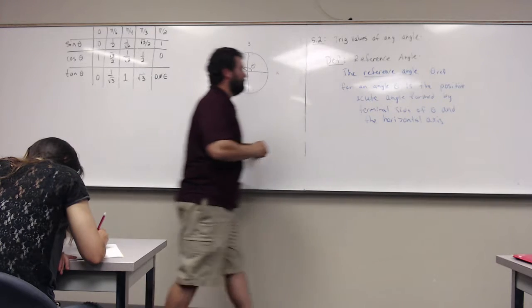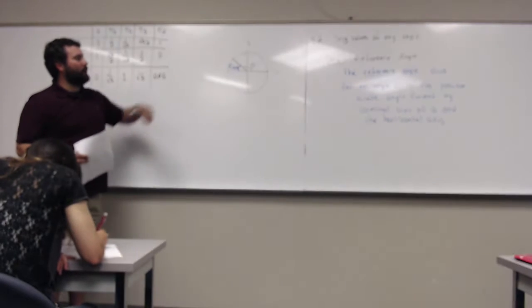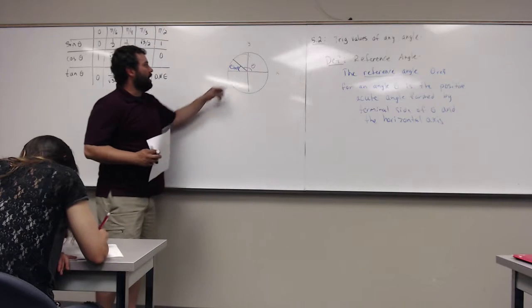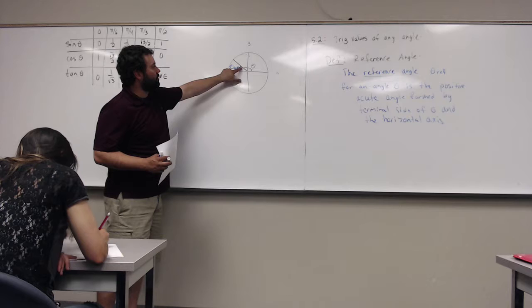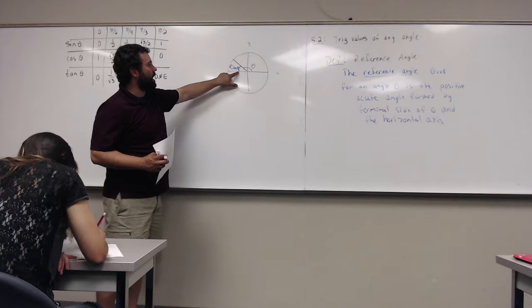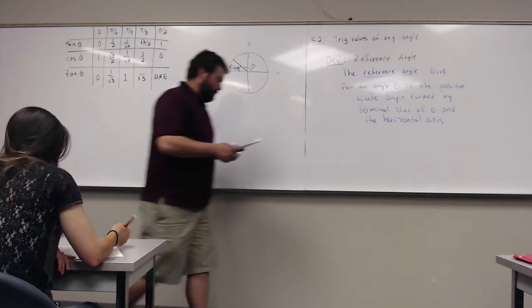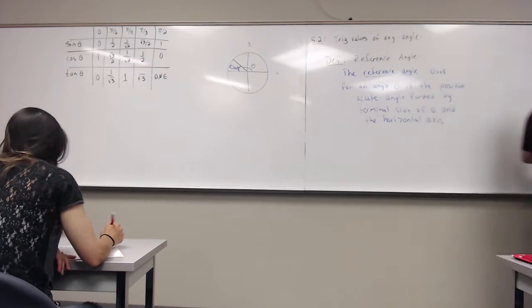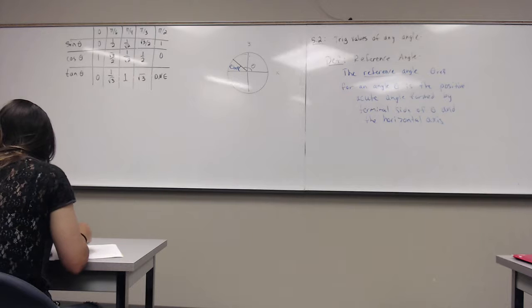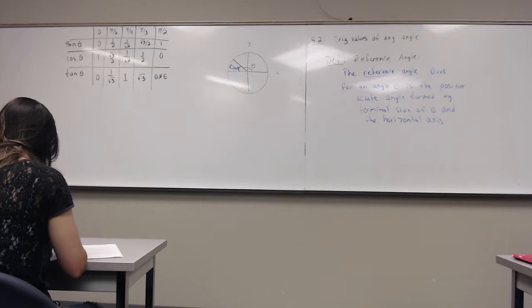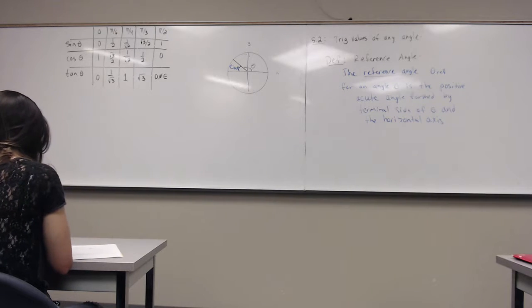Okay. So you draw your angle, find its terminal side, and then the angle formed by the terminal side and the horizontal axis is called the reference angle, or theta ref. Before we start using these to find values of sine, cosine, and tangent, just a couple of examples of finding reference angles.